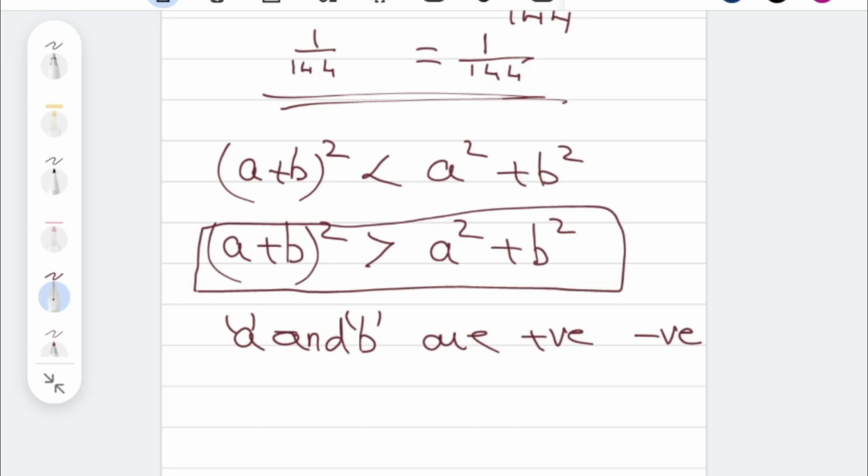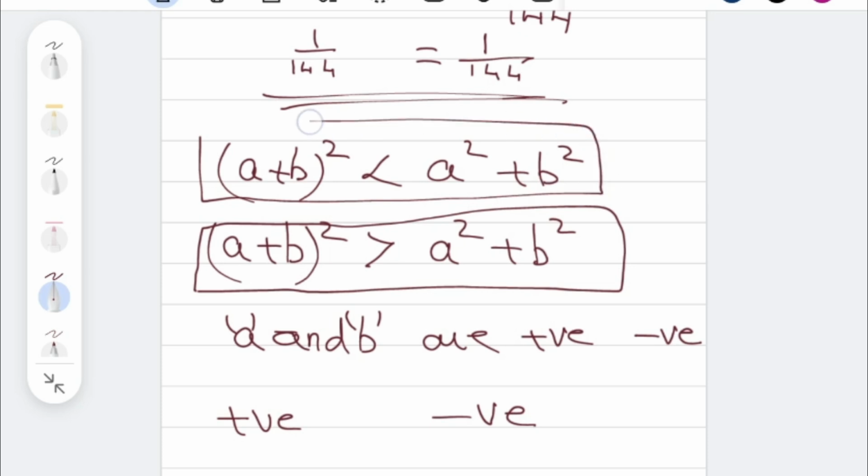But if one is positive and the other is negative, then you will have the other condition. You can try this out.